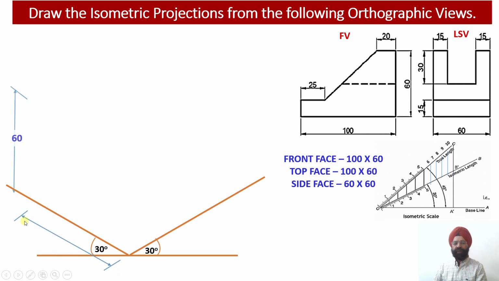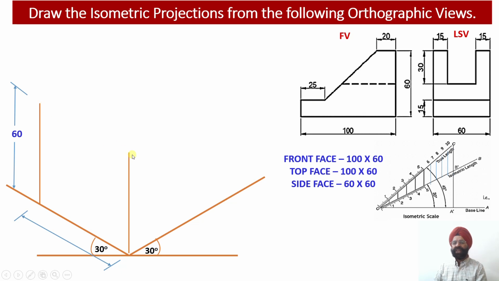So let us draw the width of the solid. Please check, the width of the solid is equal to 60 millimeter. So this width happens to be 60 millimeter, and the height of the solid also happens to be 60 millimeter. So width is equal to height is equal to 60.